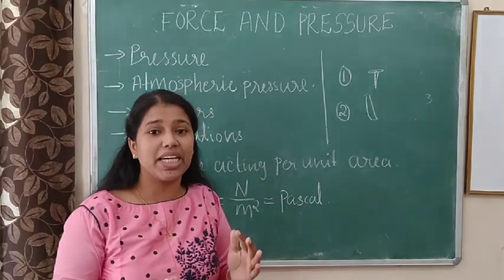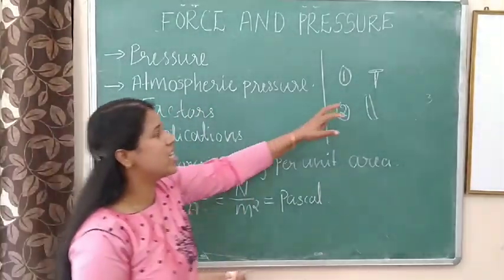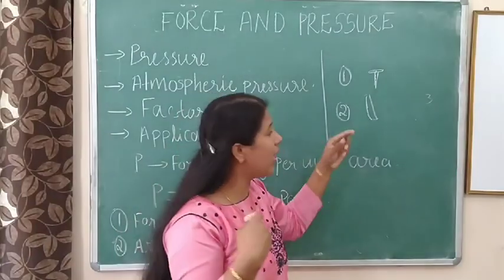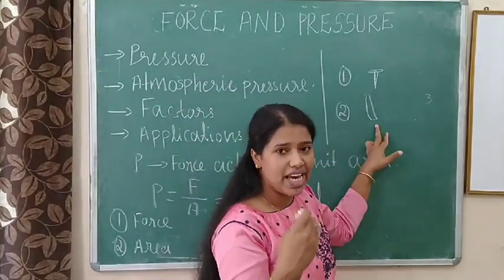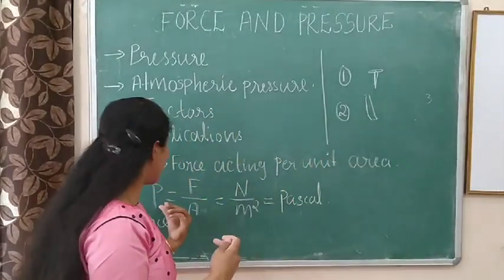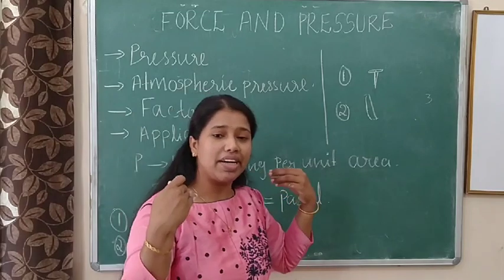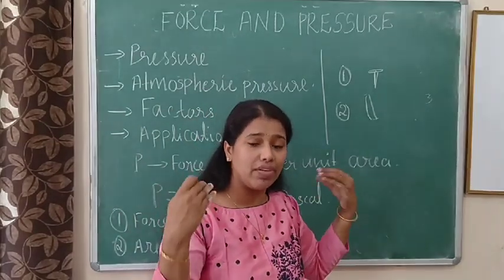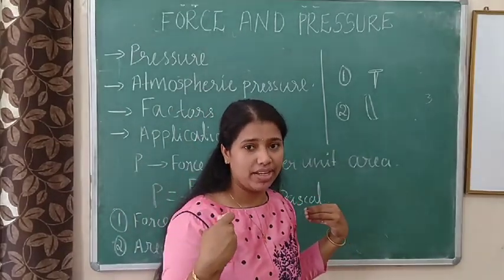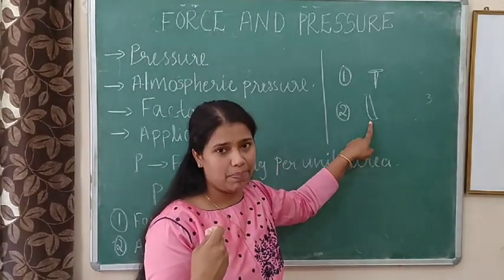What is the reason behind it? If we use a wide strip, the area is more. Area is more means pressure is less. Because of that, it cannot affect our body. That's why we use a wide strip.